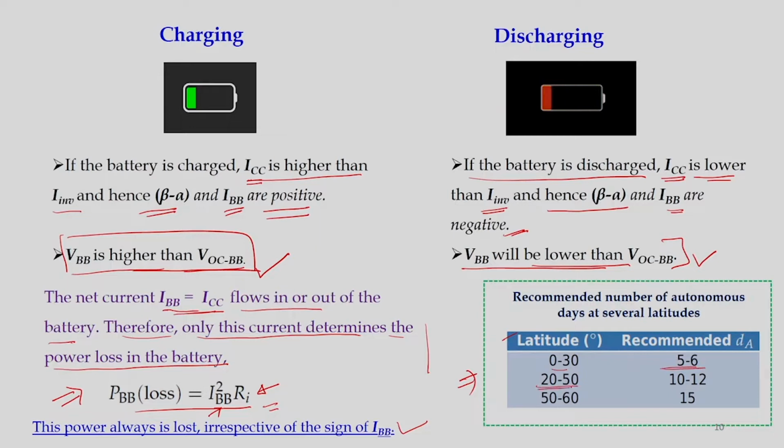If latitude varies from 20 to 50, then this autonomy will change to 10 to 12 days, and for latitude of 50 to 60, it is recommended that this autonomy should be 15 days. Again, it depends on the kind of locations where these systems are installed. That will dictate the requirement of this autonomy.